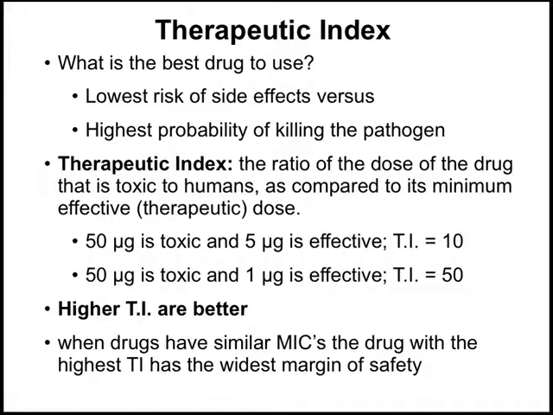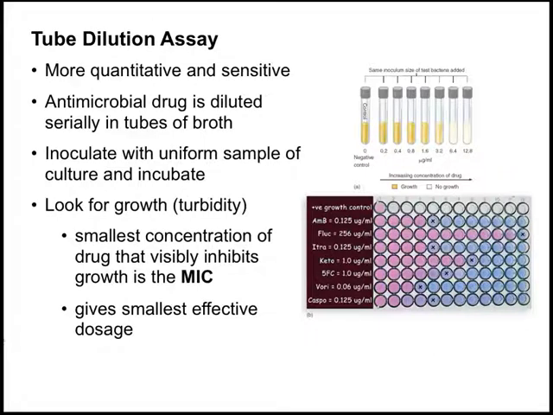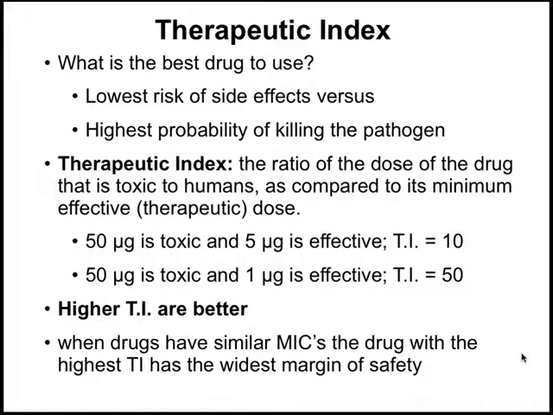When drugs have similar MICs, the drug with the highest TI has the widest margin of safety, and so that one would be chosen. So if we go back to this figure, here we've got 3 drugs with a similar MIC. If we were choosing between each of these 3 drugs, then we would take the one with the largest TI.